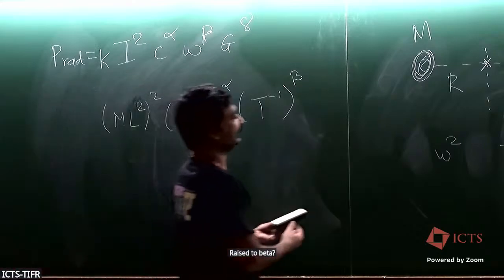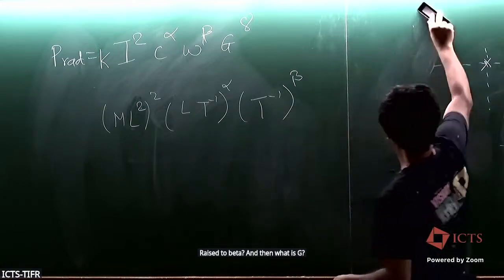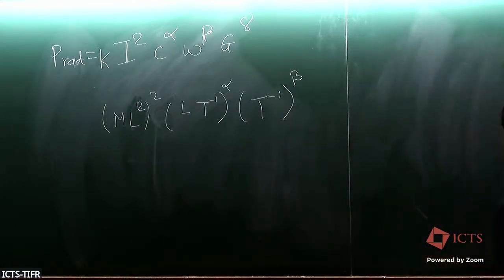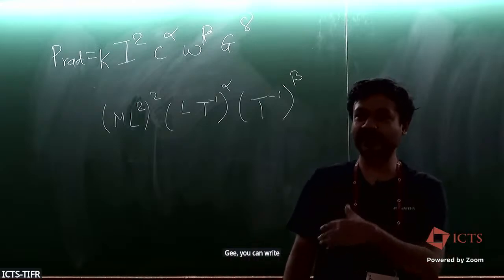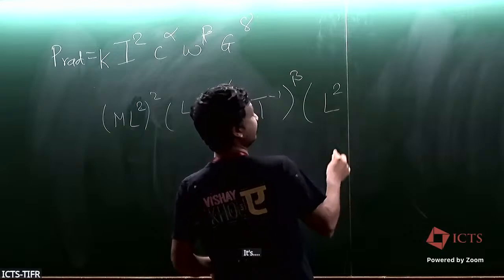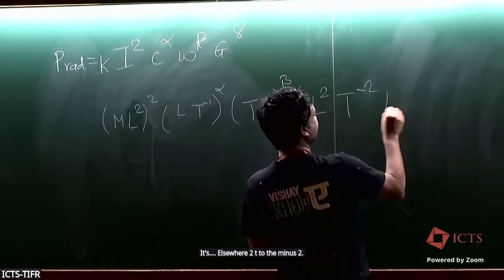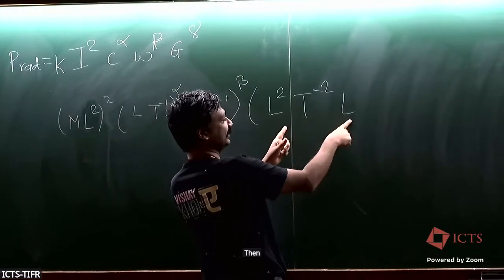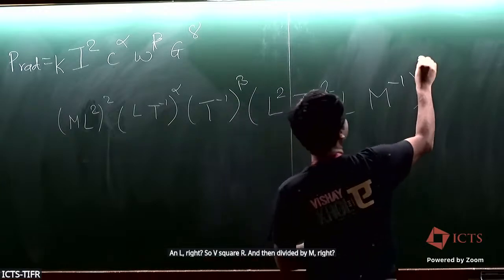And then what is G? G you can write as V square R by M. So it's L square T to the minus 2, then L, so V square R, and then divided by M, the gamma.